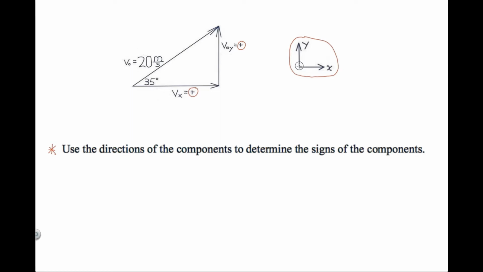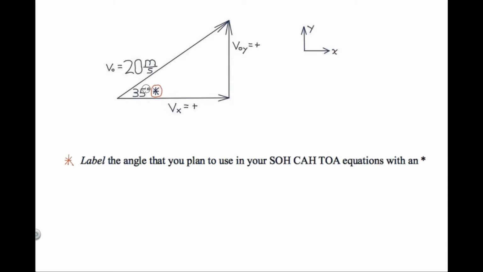Up is our positive y direction, so for this problem, v sub 0y is also positive. I label the 35-degree angle with an asterisk to indicate that we plan to use this 35-degree angle in our SOHCAHTOA equations, rather than using this 55-degree angle.